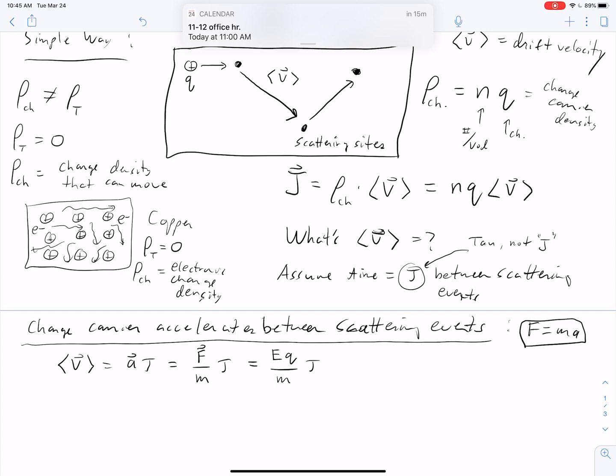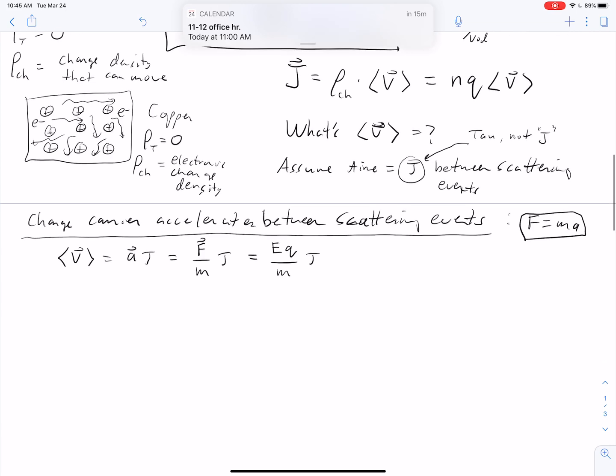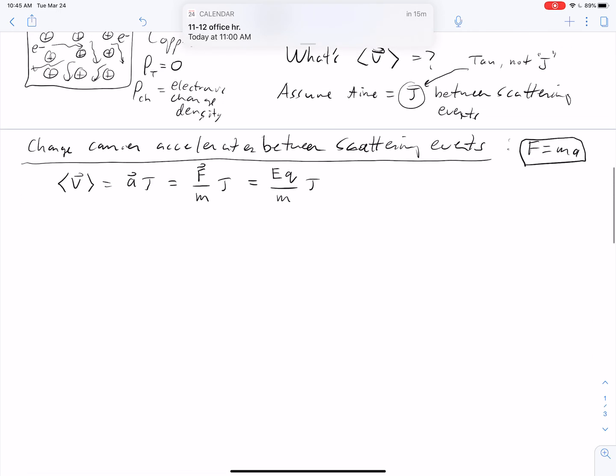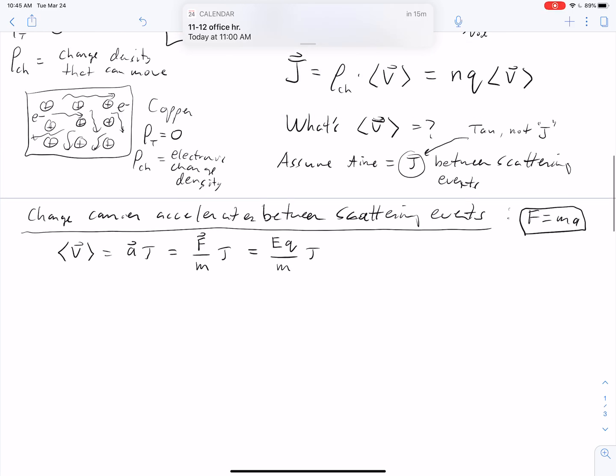And so then we say, okay, well then what's the J? What's the current that's flowing through my conductor? Remember the conductor up there. And so now we say that J is equal to nq times the velocity.